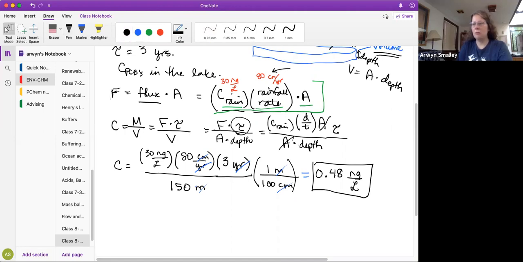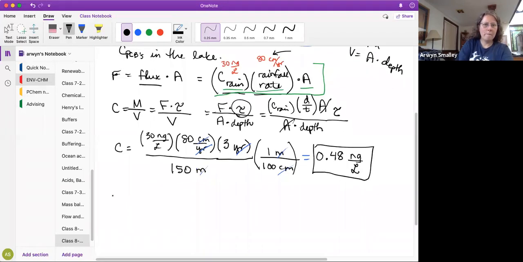So the flux, let me pull out my, so many pieces of paper.